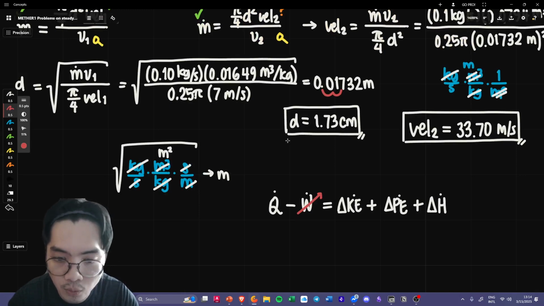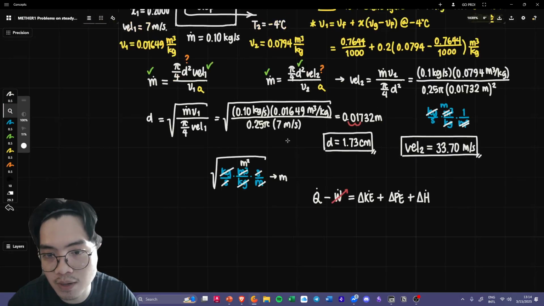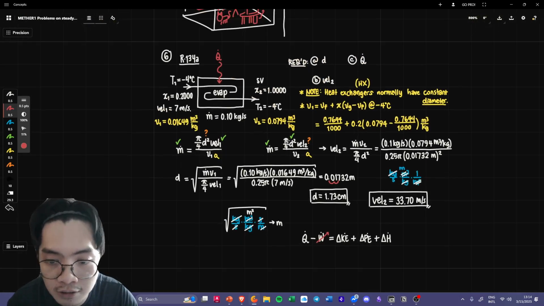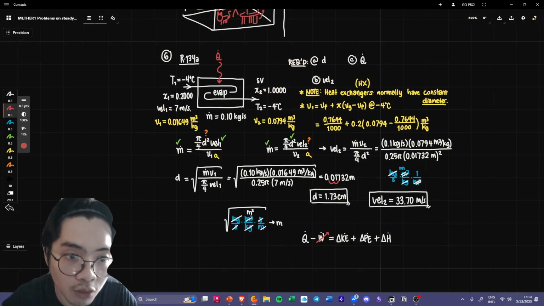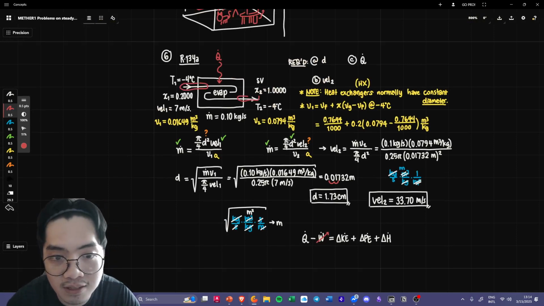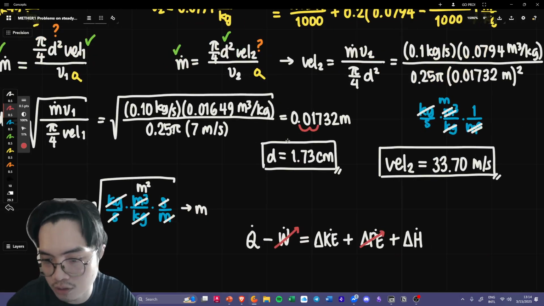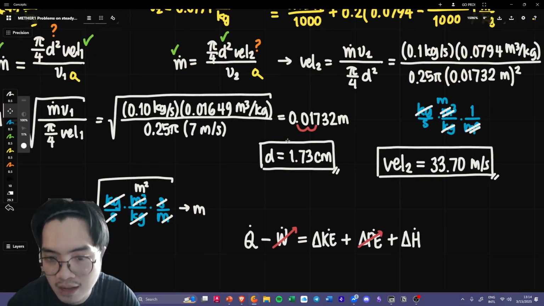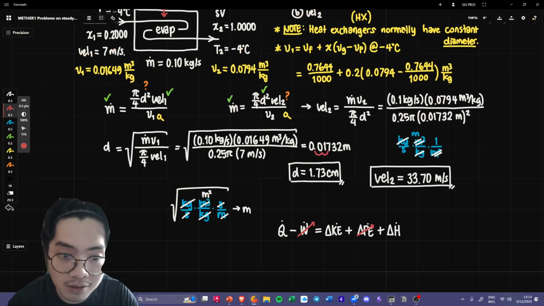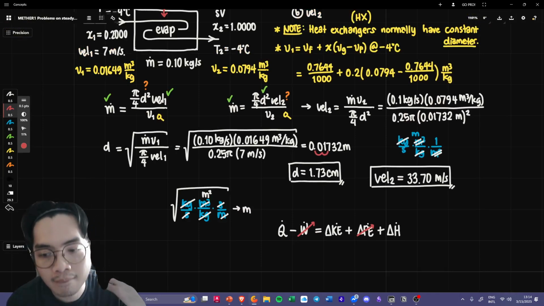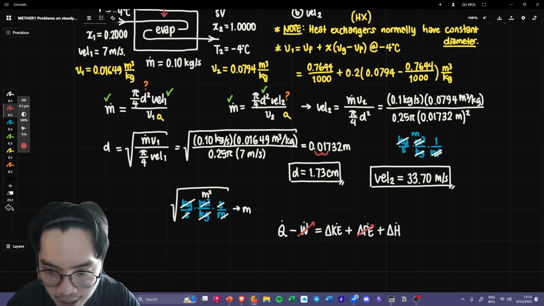Was there any mention of a change in altitude? Even though there seems to be a difference in height here, it's just symbolic. There was no change, so we say there's nothing. Sadly, there are changes in speed, so we're going to have to think about that, but that's it.